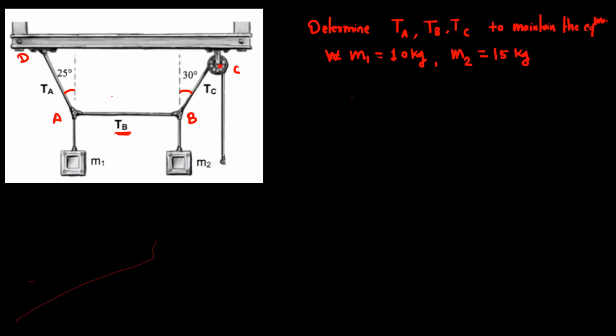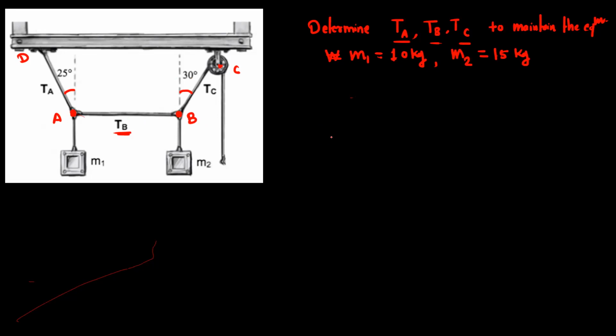To maintain this configuration, find the tensions A, B, and C. When you draw the free body diagram, you should draw it for two points: one for point A and the second for point B. So this is a problem on the concurrent force system.